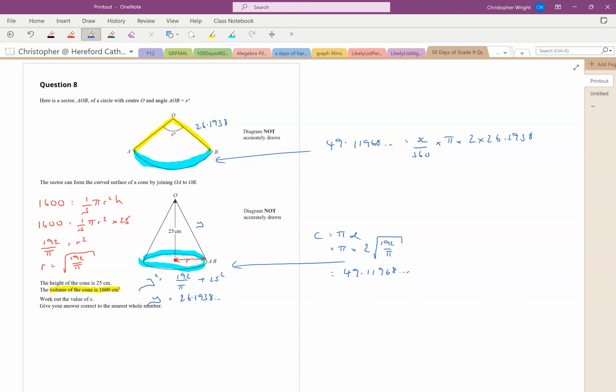With 49.11968 on my calculator already, I times that by 360, divide by 2, divide by 26.1938, and divide by pi. That gives me x equals 107.443, and so on. I'm asked to find x, correct to the nearest whole number, so 107 is my answer for x.